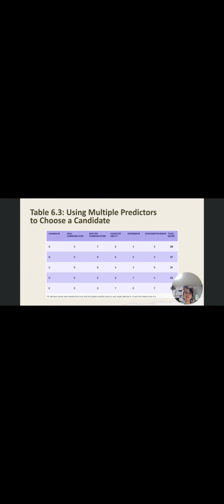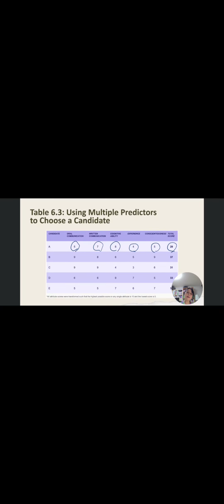All right. So using multiple predictors and choosing a candidate. Let's look at this. So this is candidate A, and the scores of oral communication, written communication, cognitive ability, their previous experience, and their conscientiousness score, and this is the total score. Okay.